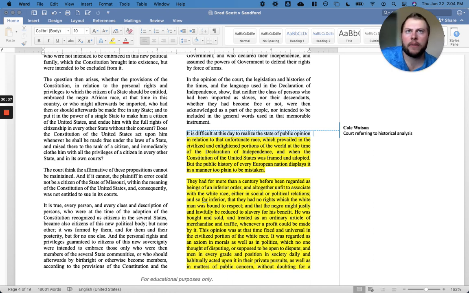So since African Americans were not recognized as citizens, the court concluded that they lacked the legal standing or right to sue in federal court. The court asserted that only citizens could bring lawsuits in federal courts, and therefore Dred Scott, as an African American, did not have the ability to seek legal recourse for his freedom.